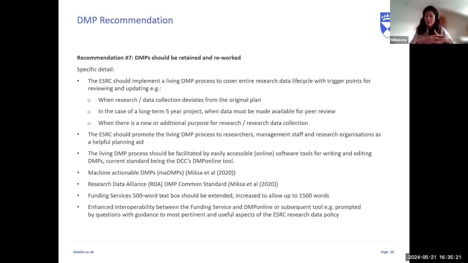And this was a difficulty in terms of when a purpose for the research might change mid-project. So this is what we're calling for. This might be a trigger point in terms of updating the DMP.